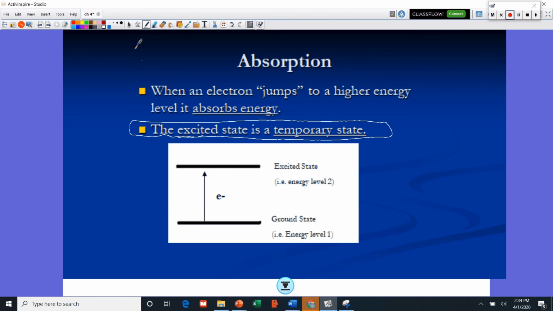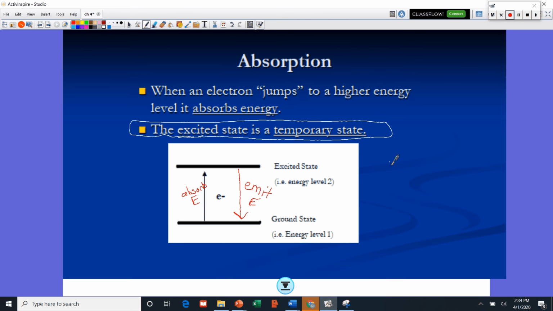Once the energy is lost, the electron can drop back down. So it's going to absorb energy here, and then here it will emit or release energy.